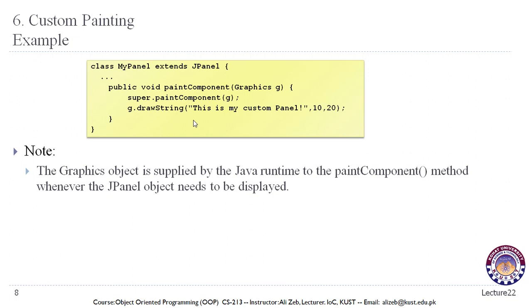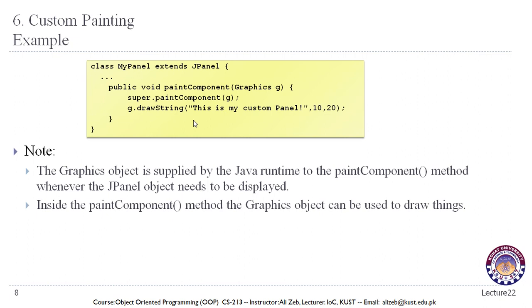The Graphics object is supplied by the Java runtime to the paintComponent method whenever the JPanel object needs to be displayed. So that is what the Graphics object is used for. Inside the paintComponent method, the Graphics object can be used to draw things.